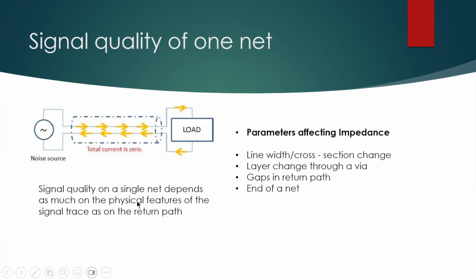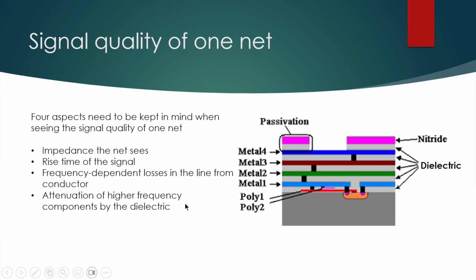Since we have seen one of the major culprits of signal quality of a net, let us see some more parameters. This is a cross section of a metal stack. Here we have conductors and dielectrics, again conductor, again some dielectrics. The signal quality depends on the conductor losses and the dielectric losses also. Suppose a signal is on metal 2.